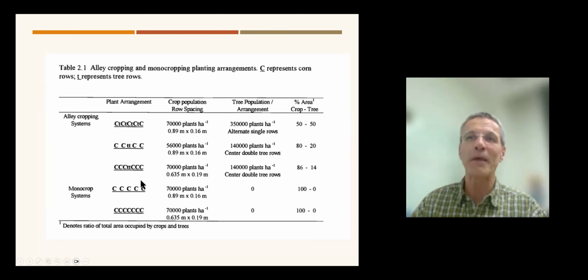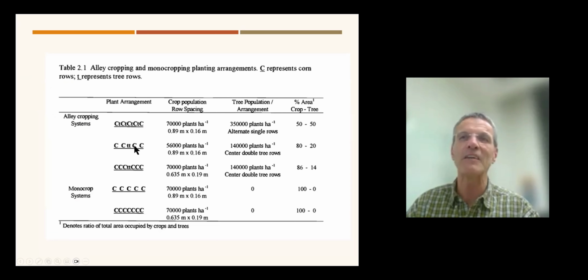And so then I compared the yield in these systems. It was nice to see that, yeah, in this system, I had some yield reduction where I used more space for the trees and not as much. But when I squished them together, I could actually get a pretty almost identical yield to the monocrop. And I'll show you why.